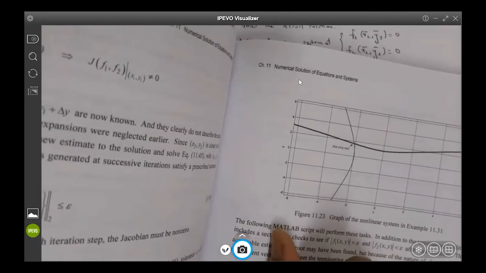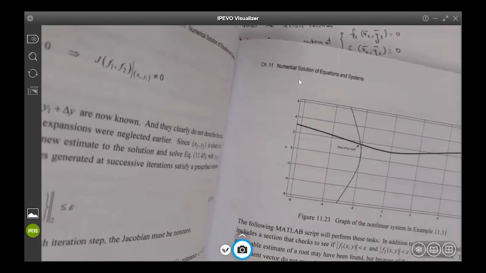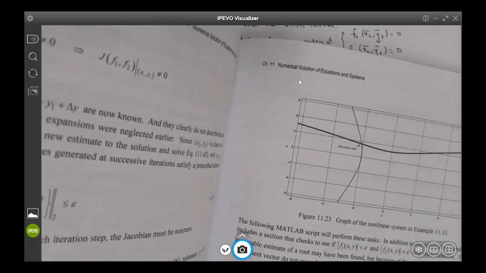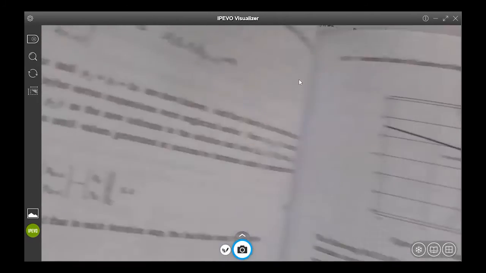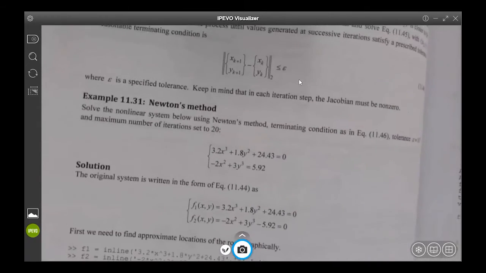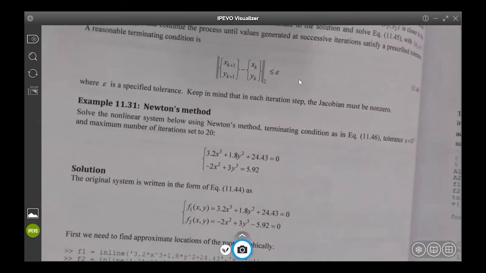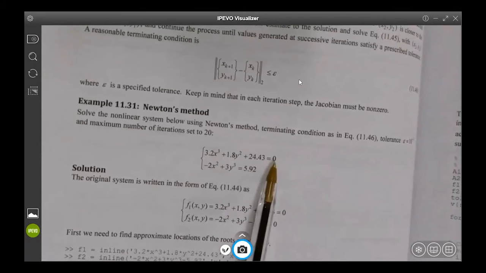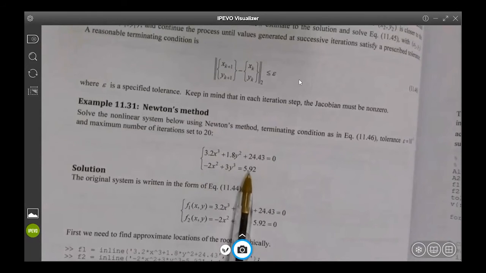One of these functions represents an equation of a curve in X and Y coordinates. So if you look at the individual f1 function equal to 0, this is an equation of a curve, and similarly f2 equal to 0 is an equation of a curve as well.